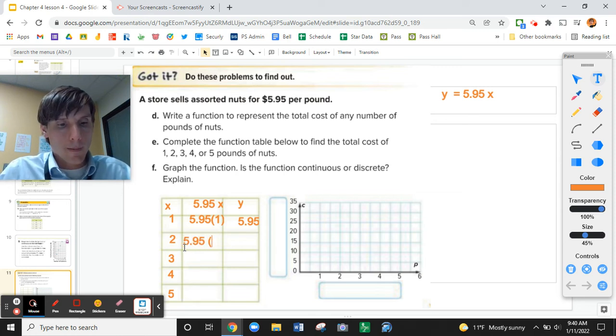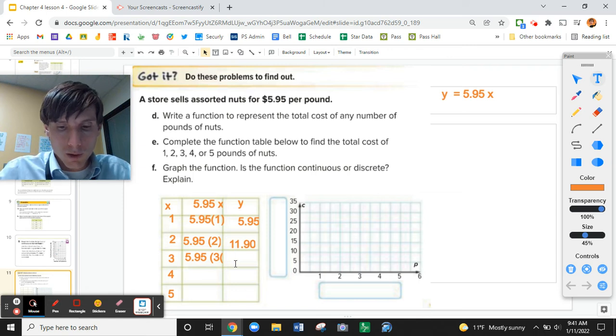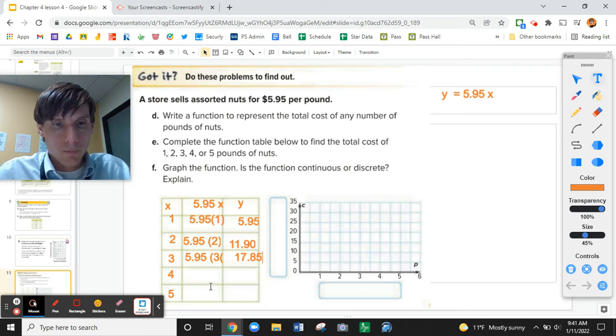It's going to help you a lot. We have 5.95 times 2, so that should be $11.90. We have 5.95 times 3. Got that wrong, but okay. And so that'd be 17.85.